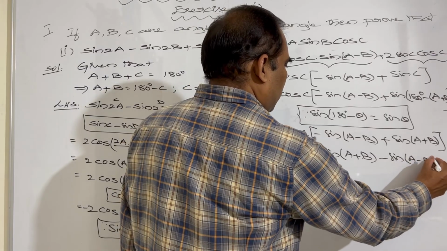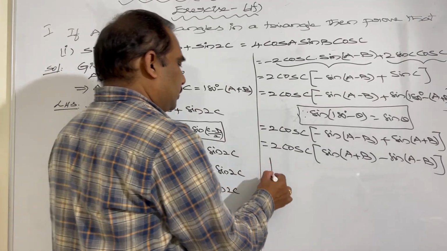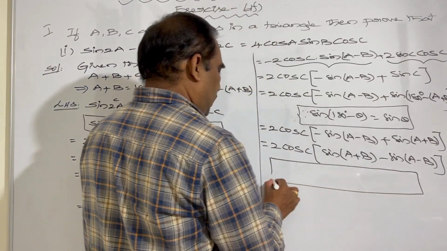What is the formula for sin of A plus B minus sin of A minus B?